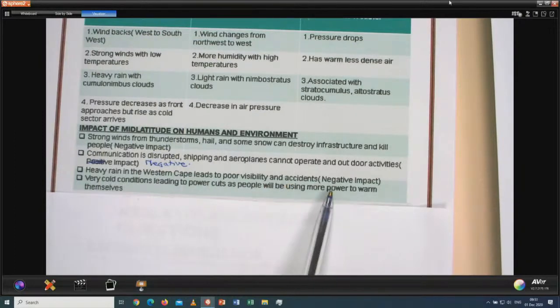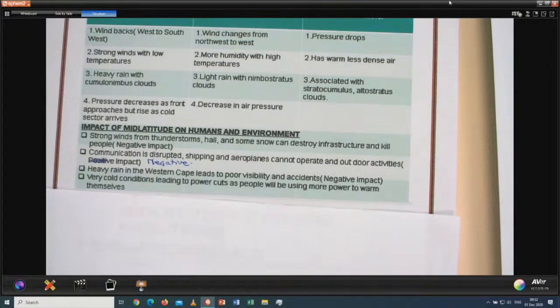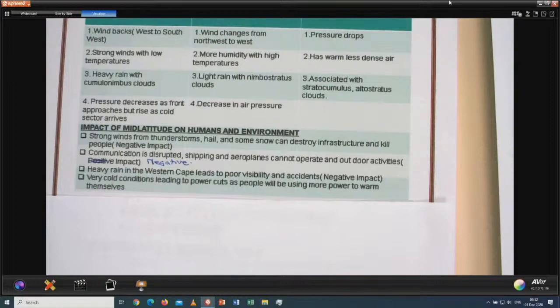So obviously, when people are involved in accidents, that is negative. When people are not able to drive the way they wanted to drive, that is negative. Very cold conditions lead to power cuts, as people will be using more power to warm themselves. So we are likely to have load shedding, which is caused by this kind of weather phenomenon.